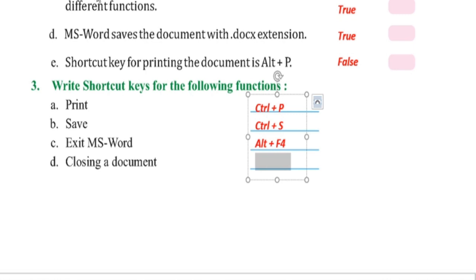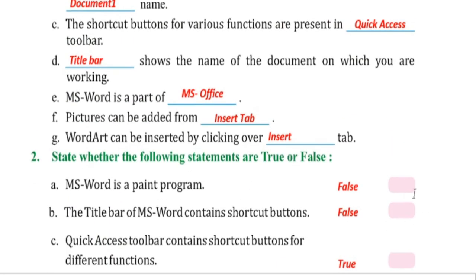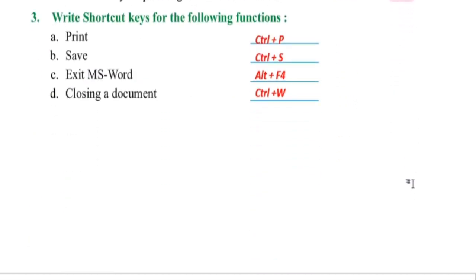Closing a document, Control plus W. Yes, students, to print, Control plus P. To save, Control plus S. Exit MS Word, Alt plus F4. Closing a document, Control plus W.